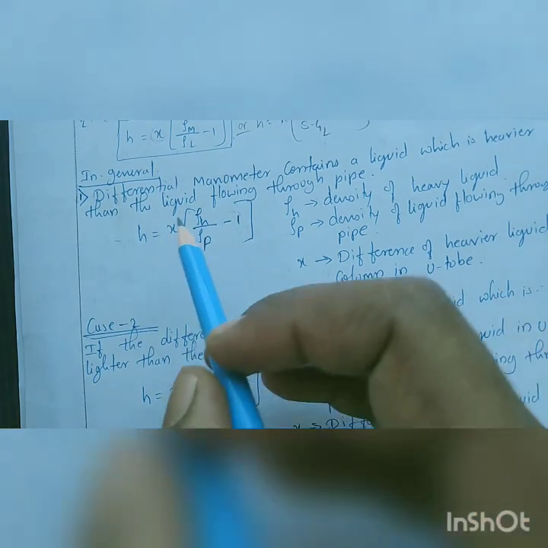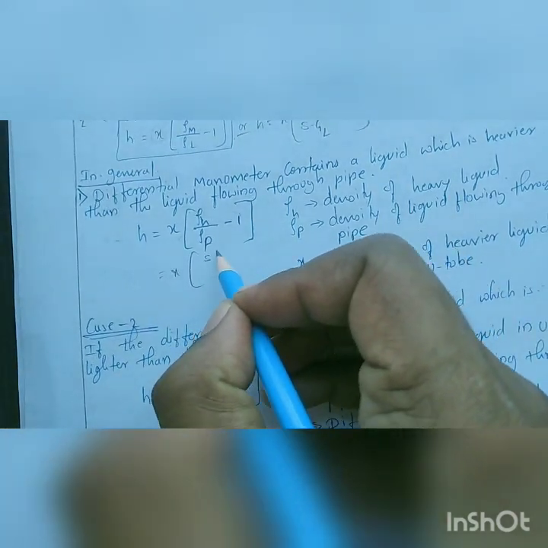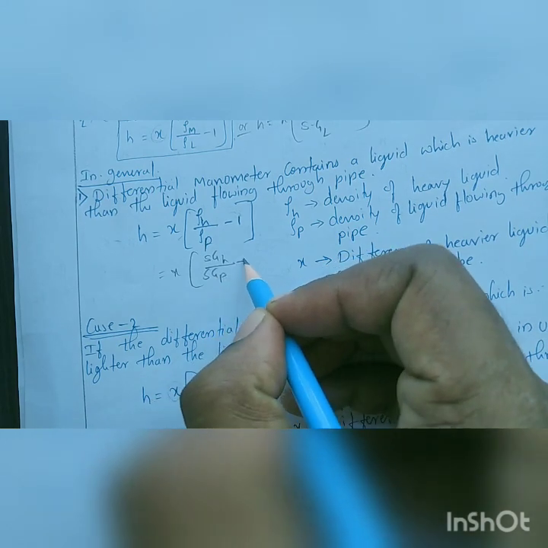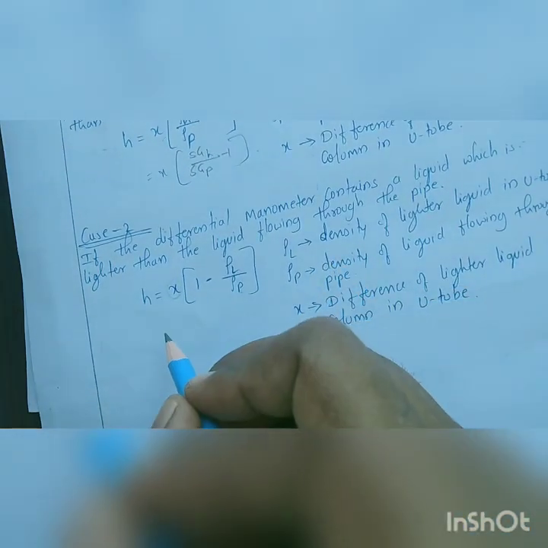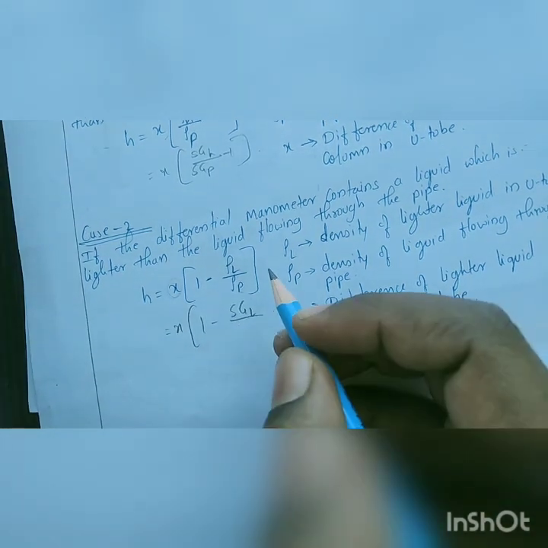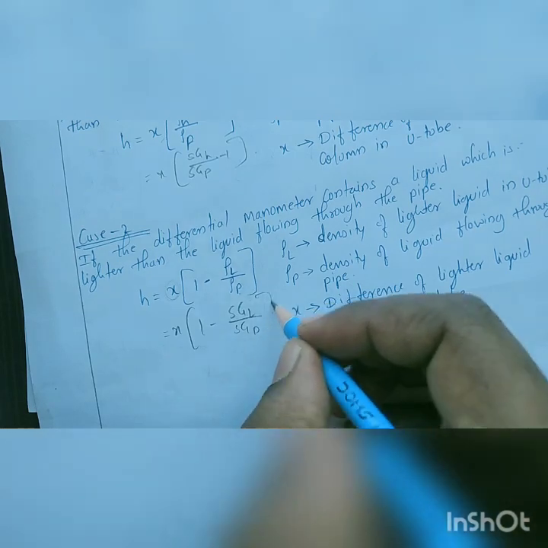You can also write it in terms of specific gravity: 1 minus specific gravity of liquid in the U-tube manometer divided by specific gravity of liquid flowing in the pipe.